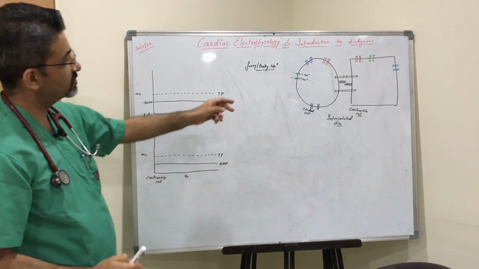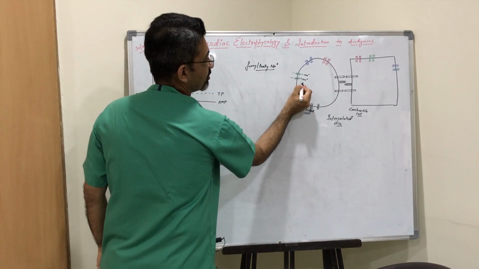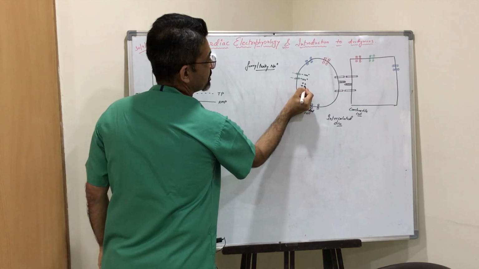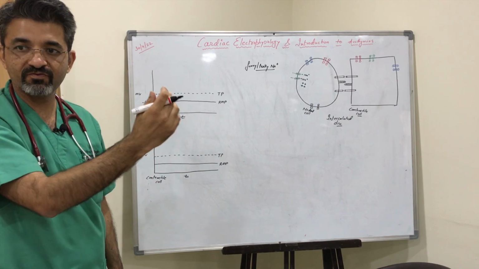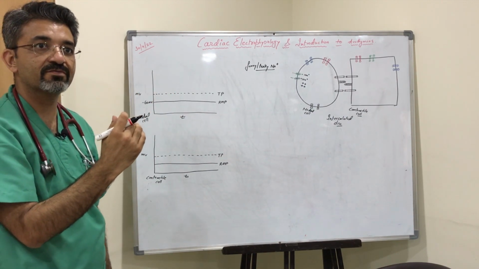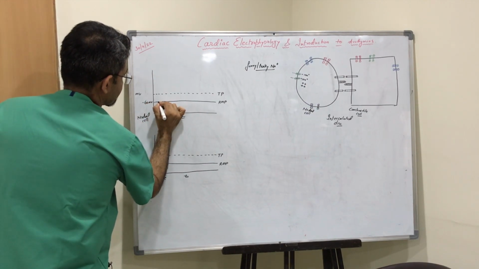Now there is a slow leakage of sodium, so there is an influx of positive ions inside. So the nodal cell will become less negative. From minus 60 it will start becoming slightly positive. Say for example, this is the sodium which is going in.